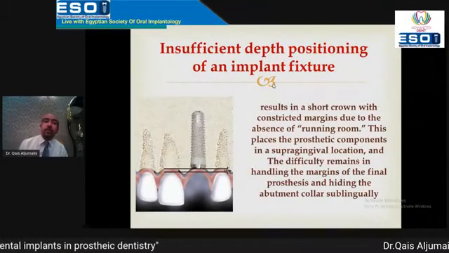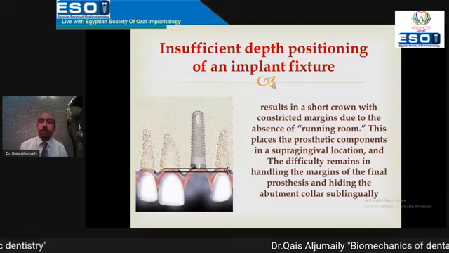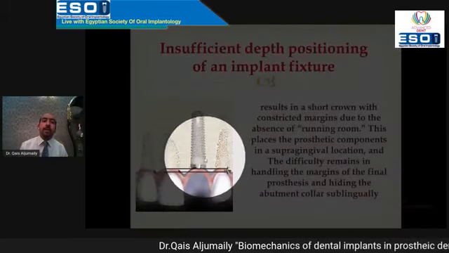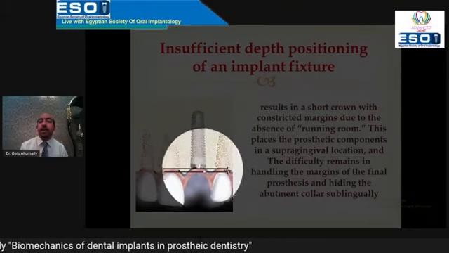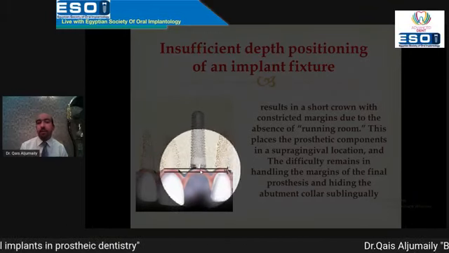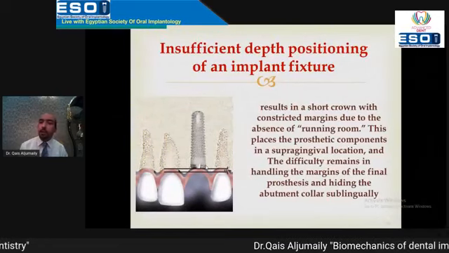So if we have insufficient depth positioning of our implant fixture, as I said, it will be too coronal and the implant might appear through the soft tissue or beneath our crown.